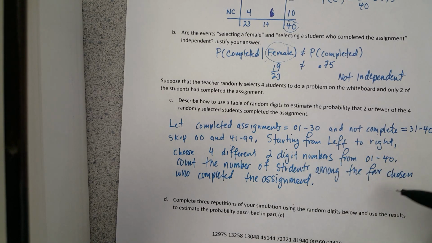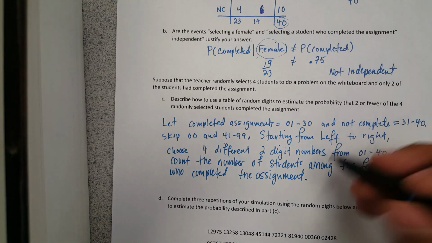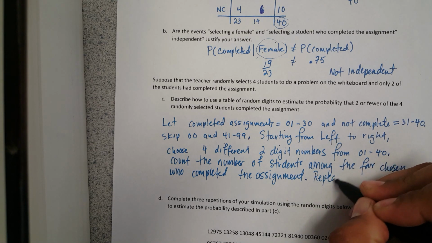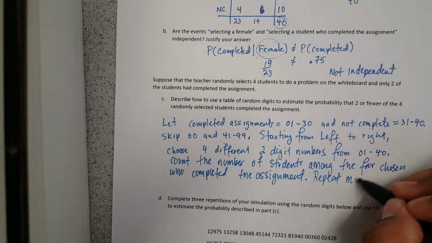Okay, so we have to describe the one example, how it's going to run, and then we need to let the reader know that we're going to repeat many times.